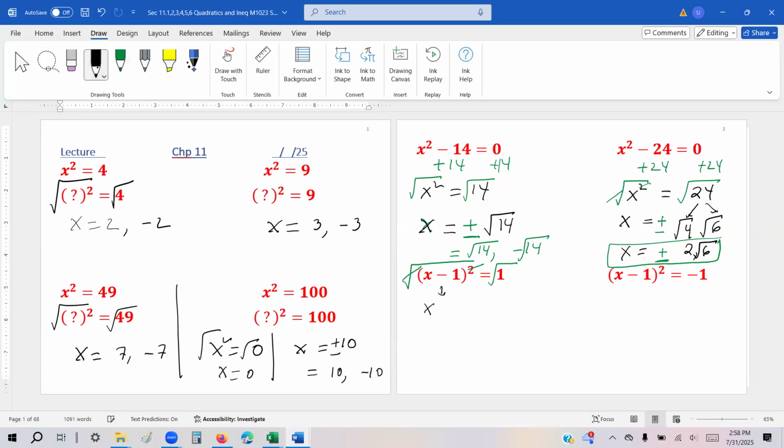We get the inside, x minus 1. What do you get on the right side? Only one? Plus minus. Plus and minus. Why? Because we take the square root of the variable. Anytime we take the square root of the variable, we have to have plus minus in the answer.